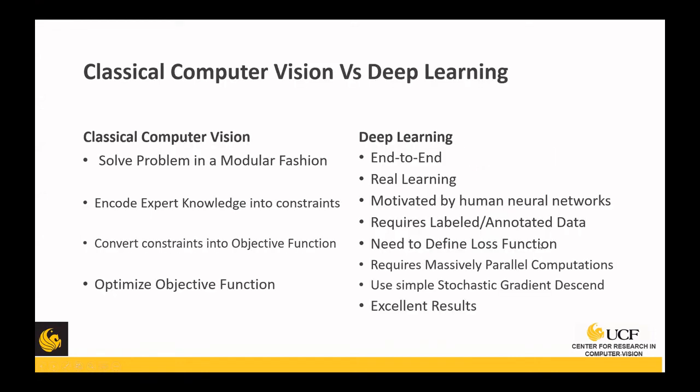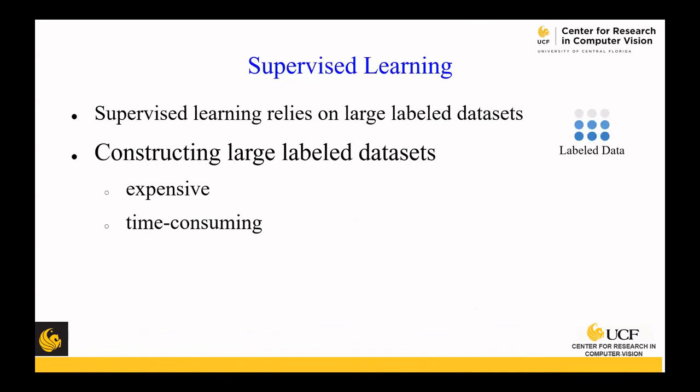So as I said, this is the classical computer vision, this is the deep learning. One thing is that deep learning requires labeled or annotated data, which is a big problem. So now we have started working to resolve that.